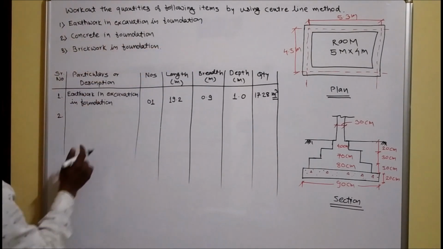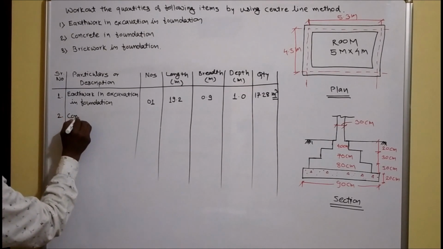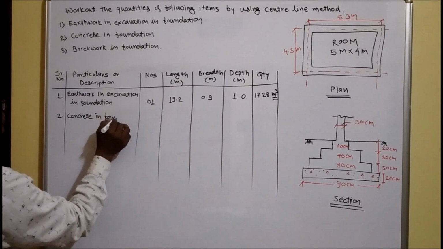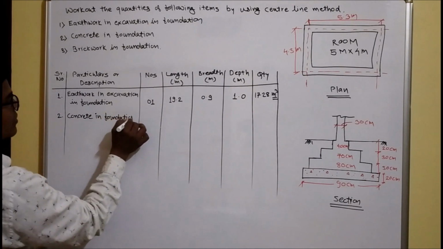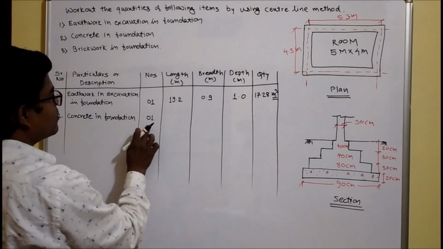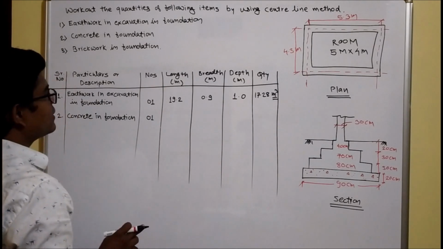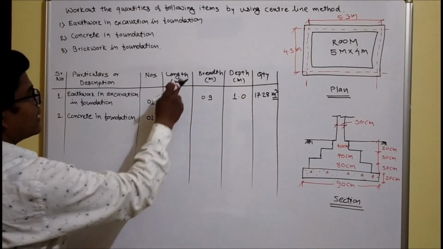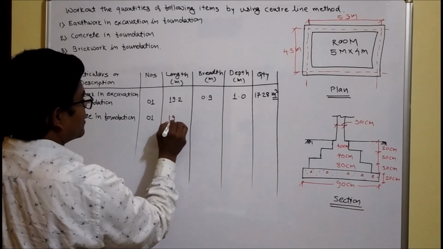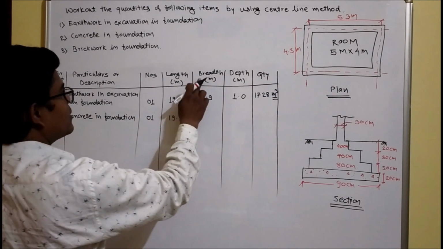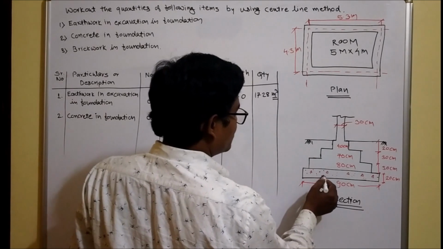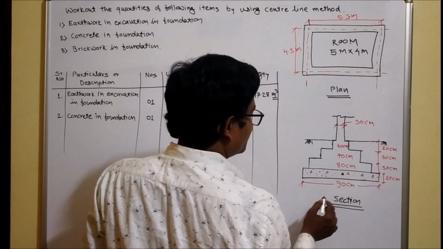So next quantity, concrete in foundation. So in NOS column I will write here 1 because there is total center line of the plan. In length, the total center line length is 19.2. Breadth. So this is the concrete work in the footing.